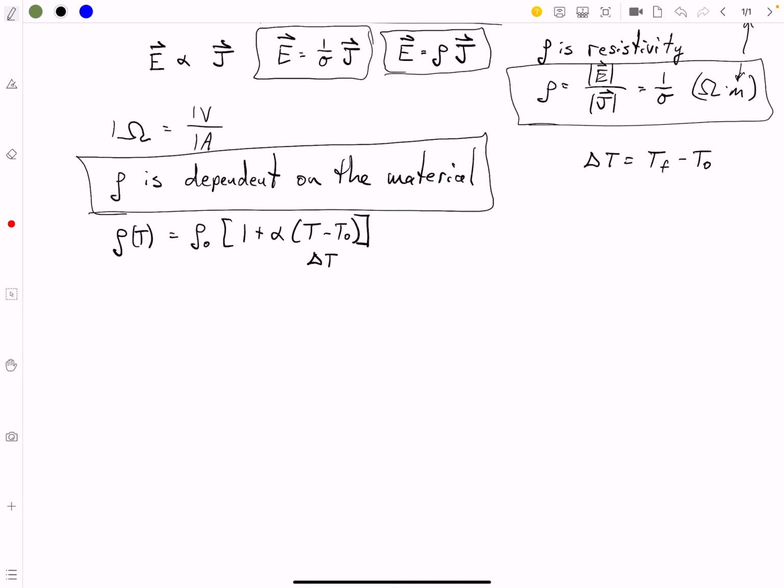Our initial point, T naught, is the resistivity rho naught. So whatever the temperature here is, whatever our resistivity is at that point, this is our reference point.